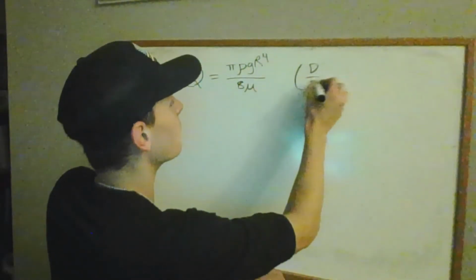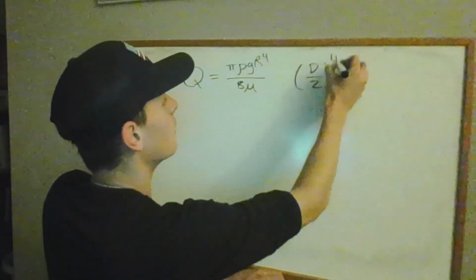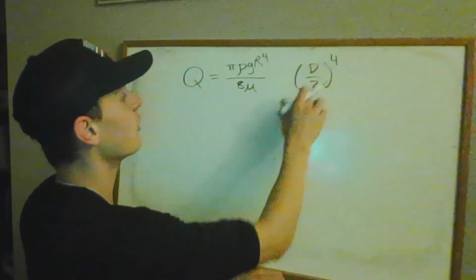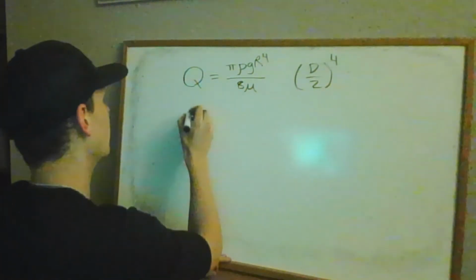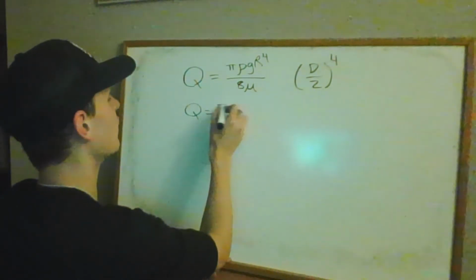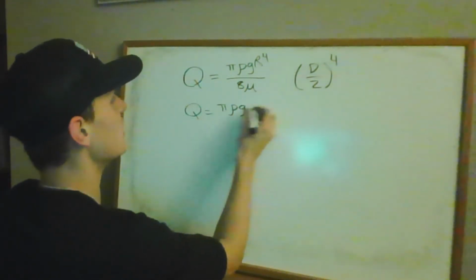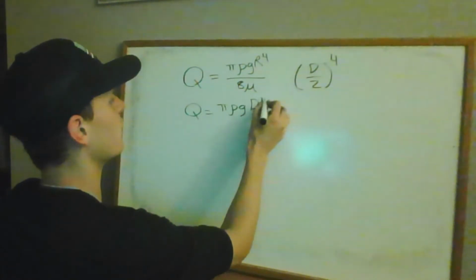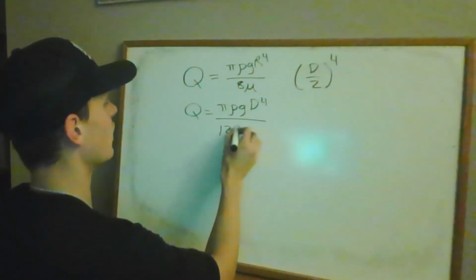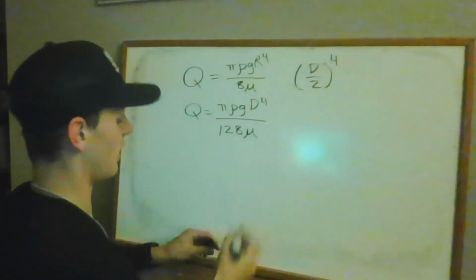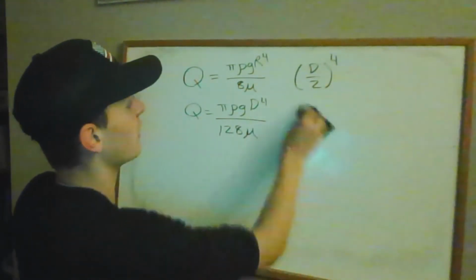So this would be large D over 2 to the 4th power. 2 to the 4th power is 16, and 16 times 8 is 128. So Q becomes pi rho g times D to the 4th power, and then we have 128 multiplied by the viscosity of our fluid.